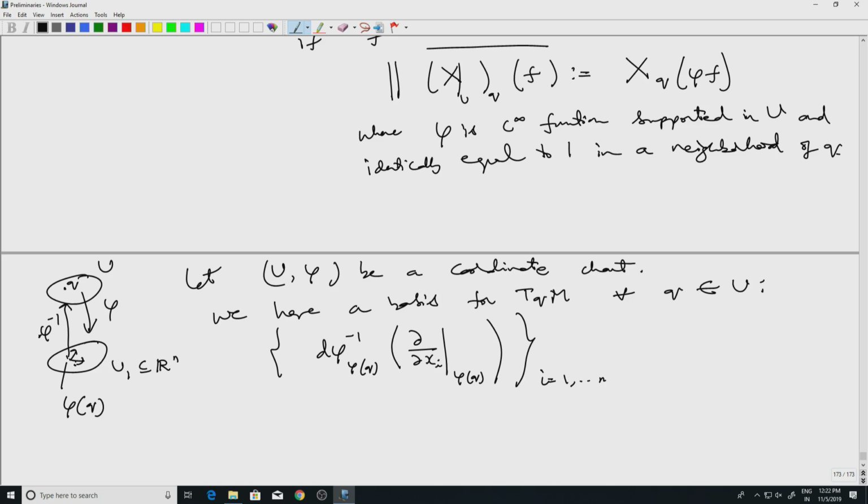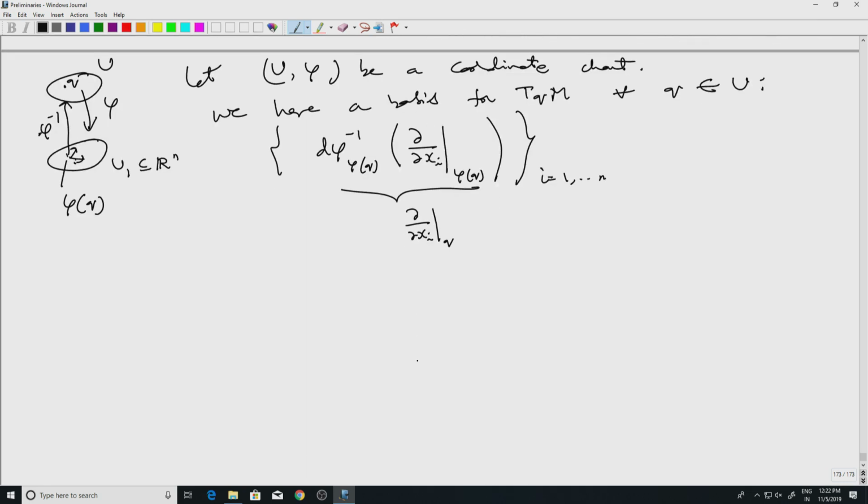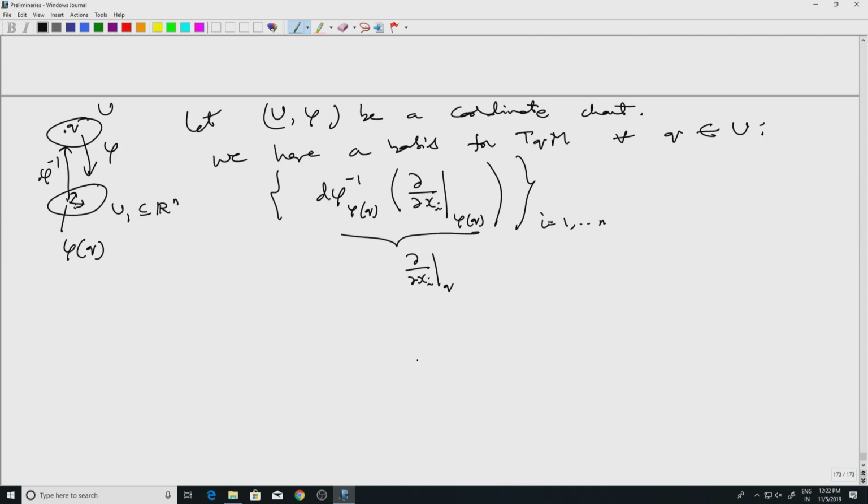This is a somewhat cumbersome notation the way I have written it. Normally, this is denoted by just del by del xi at Q. There is a chance of confusion with this notation, but one has to keep in mind that when you see this del by del xi evaluated at Q, what one literally means is what I have here.